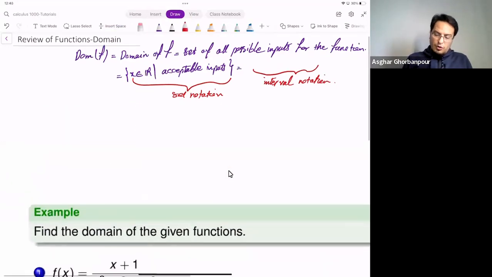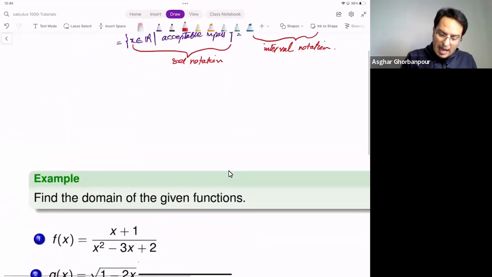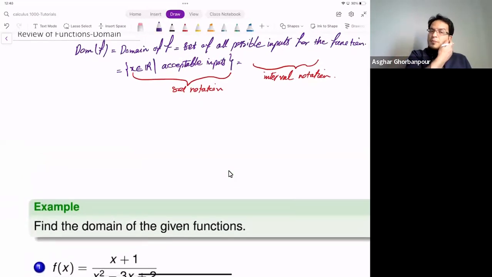For this course, to start with, we have two restrictions that we have to apply when we're trying to find domains. The first one is a mathematical restriction or condition. This comes from the basic fact that you can divide any number by any other number but 0.